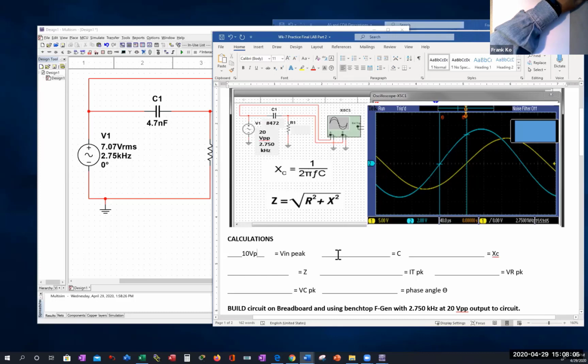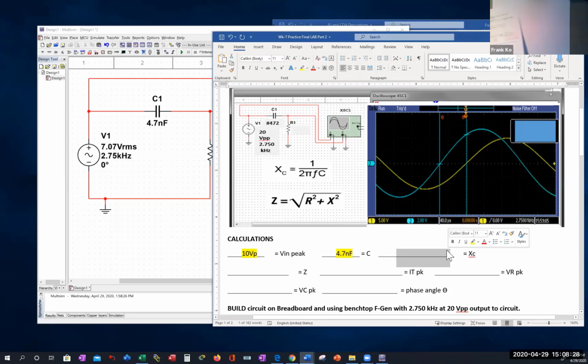I'm going to fill in my capacitor value as 4.7 nanofarads. That's what we had calculated. So I'm going to take this and highlight it. I'm going to take this and highlight it. And then the calculated X sub C that we were able to derive for our exercise was 12.31 kilo ohms. So we'll go ahead and highlight that. So those would be the first three answers.